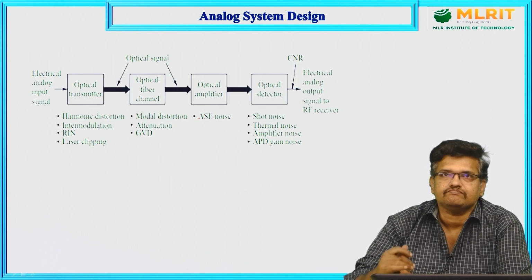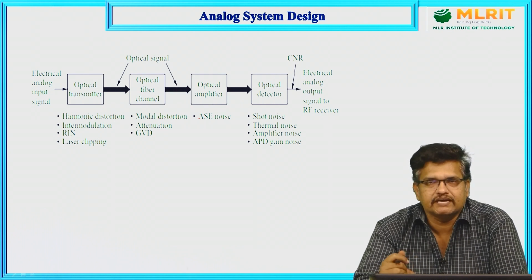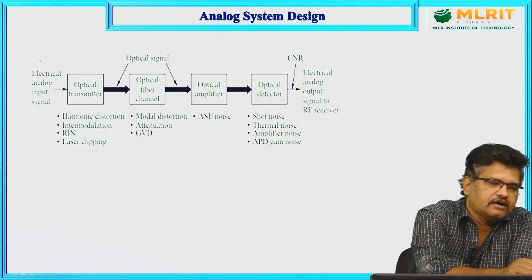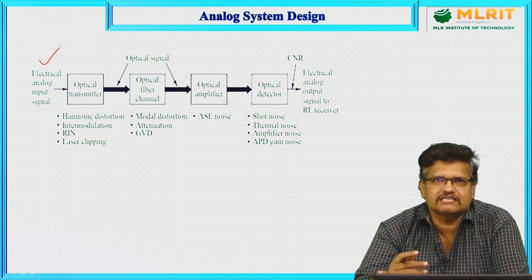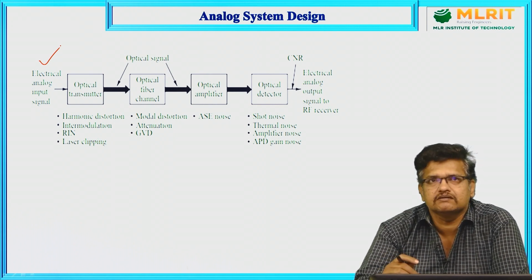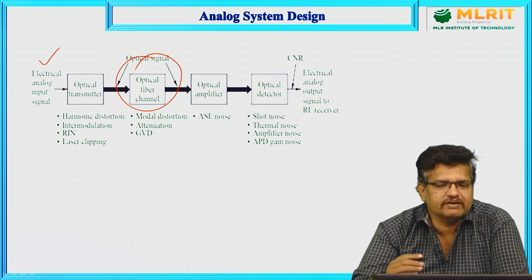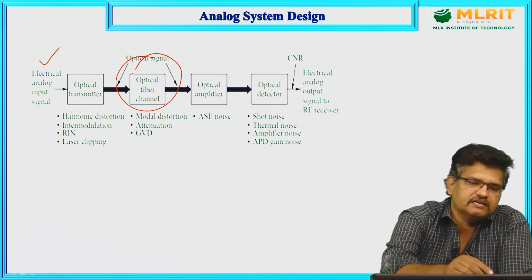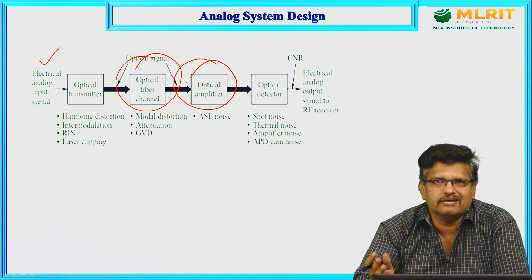Now, let us see the analog system design. As I said earlier, here is the electrical analog input signal, and we convert the electrical signal into a light signal. The optical transmitter transmits the optical signal through the optical fiber, which is the fiber channel. Here we use amplification with an optical amplifier. Finally, by using the photodiode, we recover the light signal as an electrical signal.